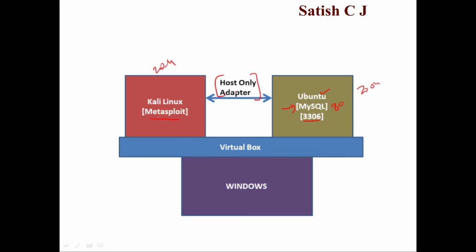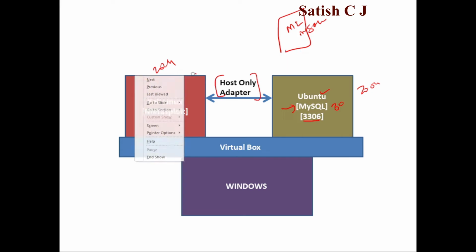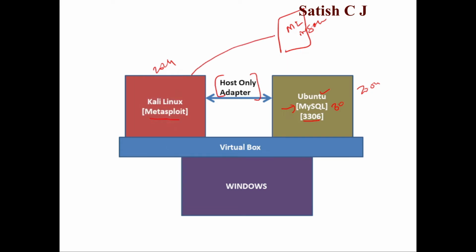One more thing I want to mention is that initially I was trying this entire demo with Metasploitable 2, a vulnerable Linux machine that also comes with MySQL installed. I was trying to use Kali Linux 2024 and carry out some attacks using Metasploit on Metasploitable 2.